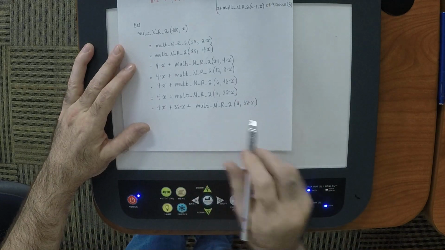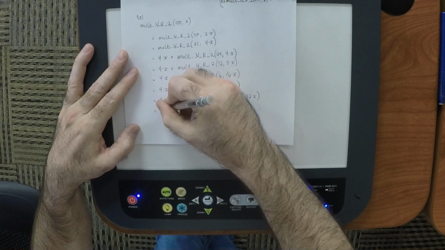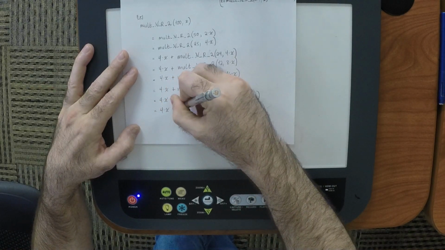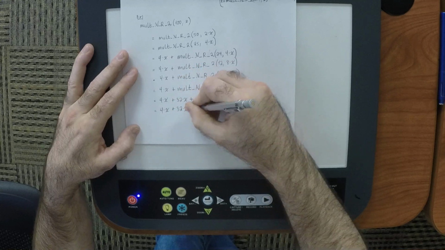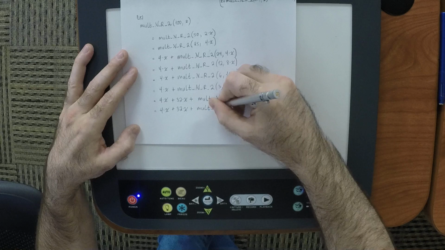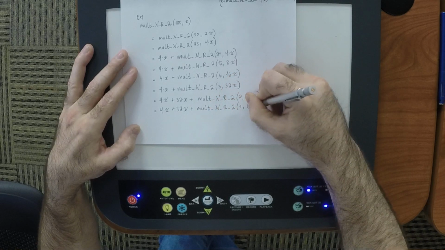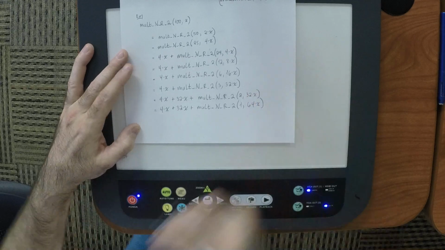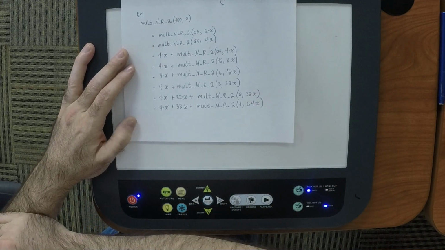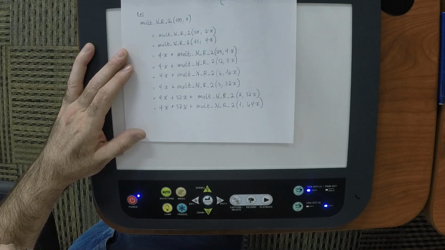So we took out a 32x. Now we have the even case again. Oh, we're back to the odd case now. So can you see that 64 will come out now?